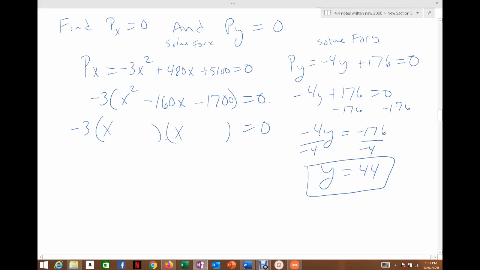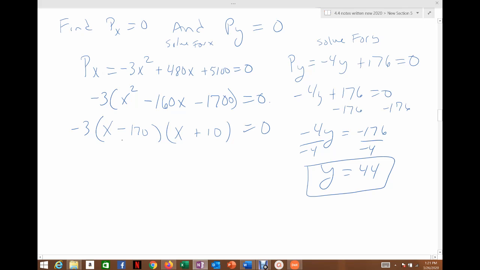Well, my guess is, what if I have -170 and multiply by +10? 10 times -170 equals -1700, and if I take -170 and add it to 10, I get -160. And so that is what it factors into.